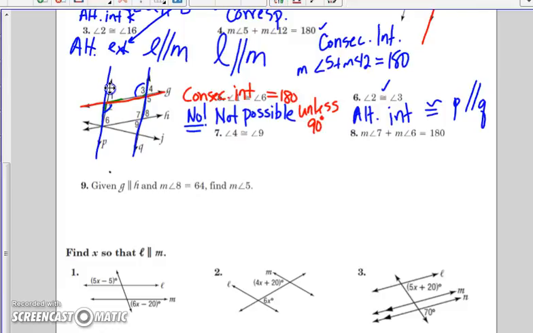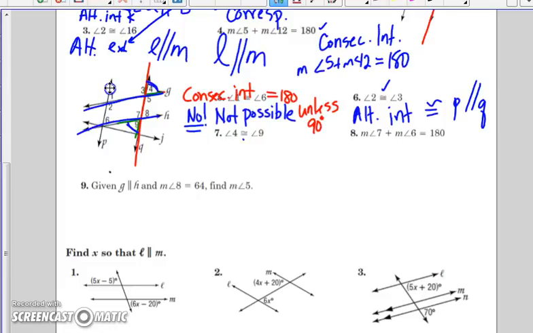Okay, number 7 talks about angle 4 and angle 9. The one line that touches both of them would be this one here. And then my parallel lines are going to be this one and this one, if they're parallel. So the question is comparing this angle to that angle.